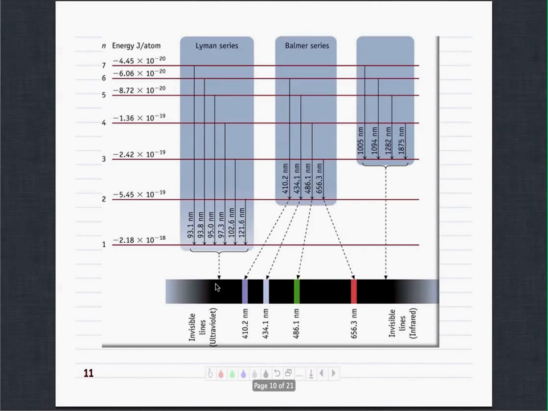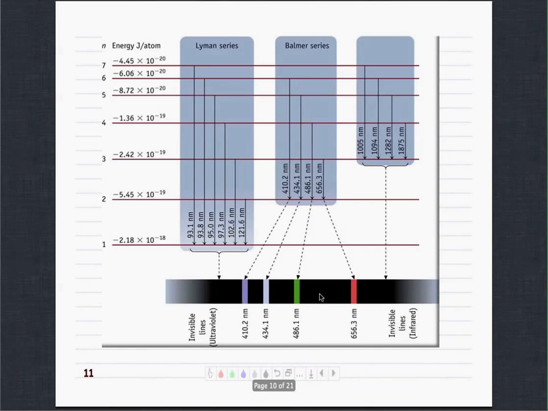Now I'll go back to the visible region and comment on one thing. As you can see, the difference in energy in here is the smallest compared to this one, while the wavelength is the longest. Can everybody see that? The difference in energy between this level and that level is much smaller than between this level and this level, and that corresponds to the longest wavelength. Why?